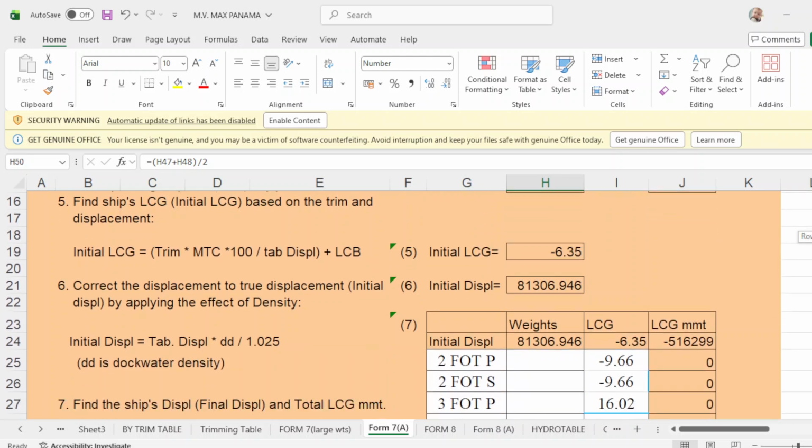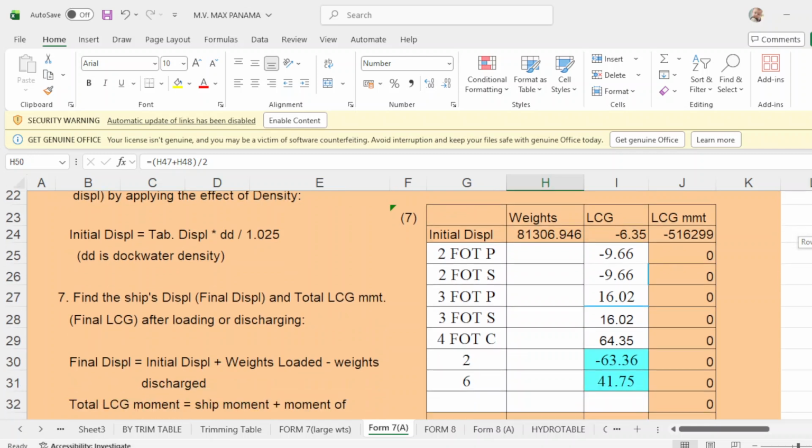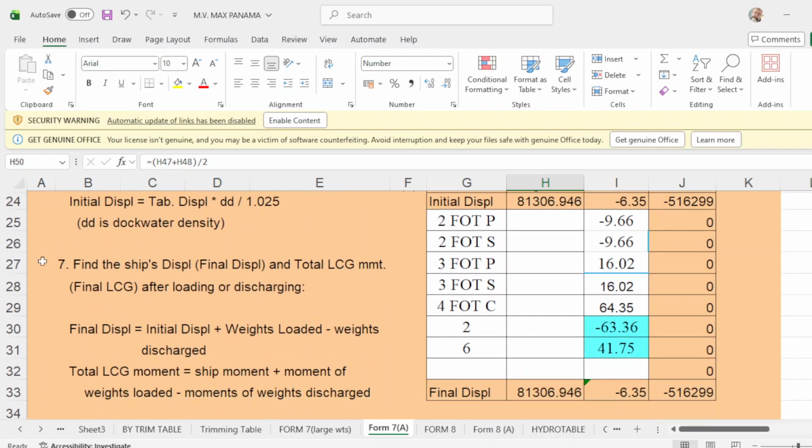Number 7 will be initial displacement. So you have this, and this is already okay. And number 7, find the ship's final displacement and total LCG moment. Final LCG after loading or discharging. Final displacement equals initial displacement plus weight loaded, minus weight discharged.